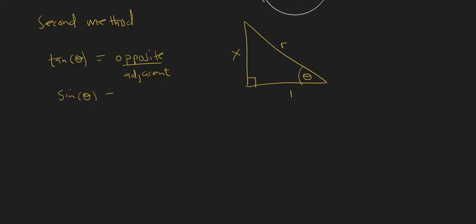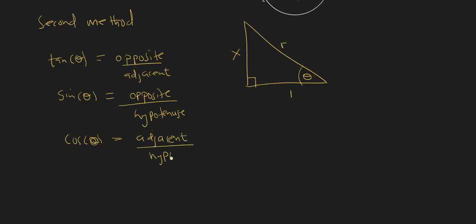Sine theta is equal to opposite over hypotenuse, and cosine theta is adjacent over hypotenuse.